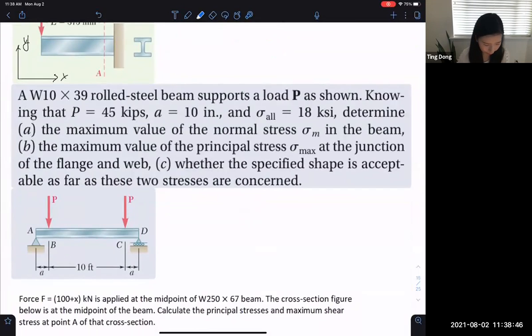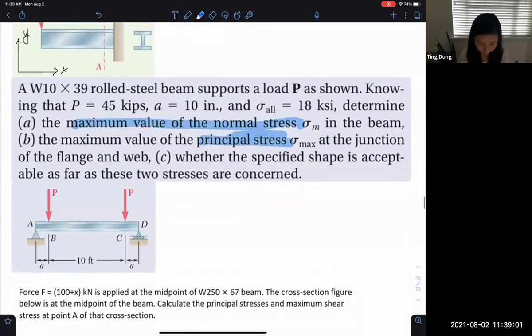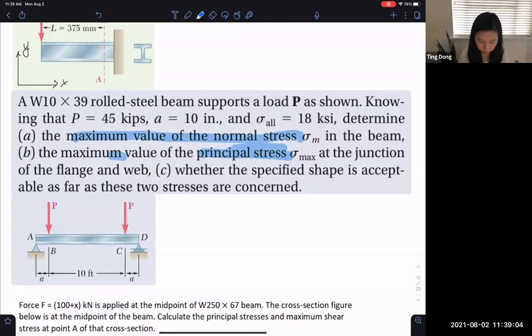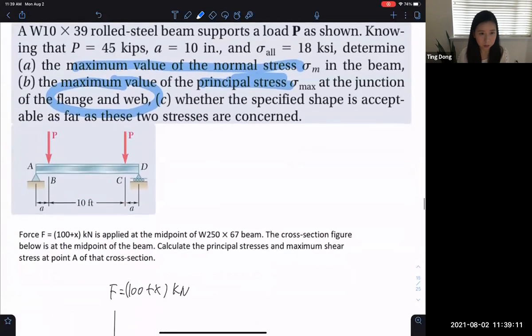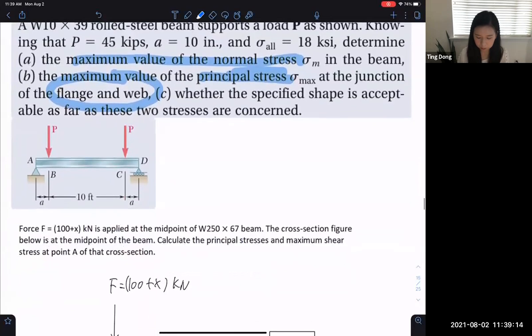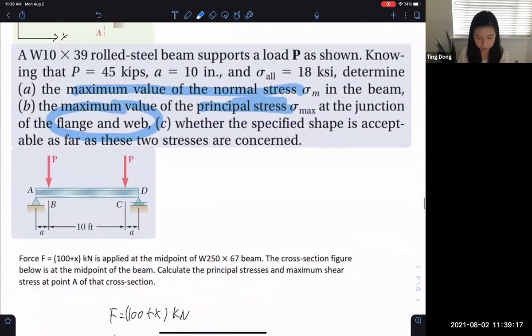It asks you to calculate the principal stresses at different points, the maximum value of normal stress, sigma m, at A and at B, either the top surface or the junction point of the flange and web, and compare them with the allowable stress and decide if the structure is safe or not.